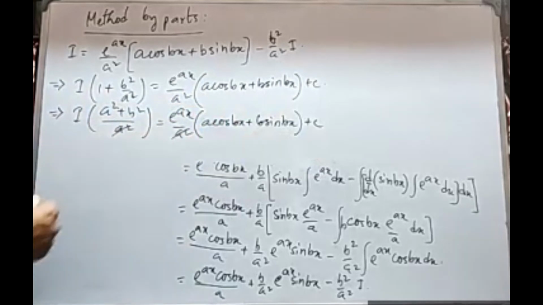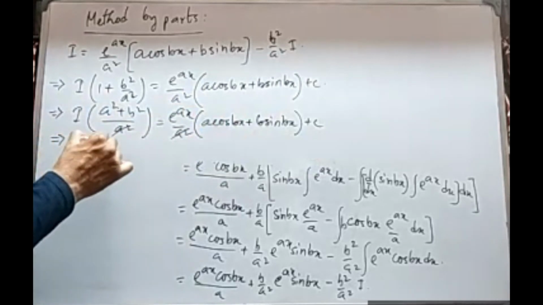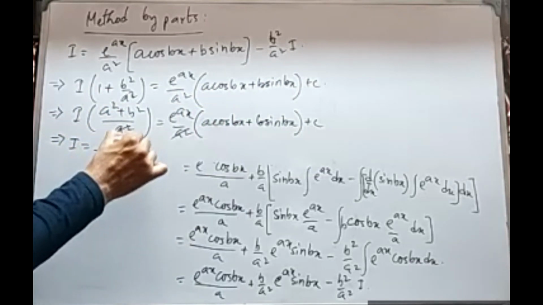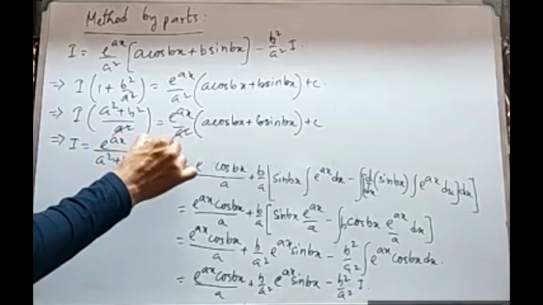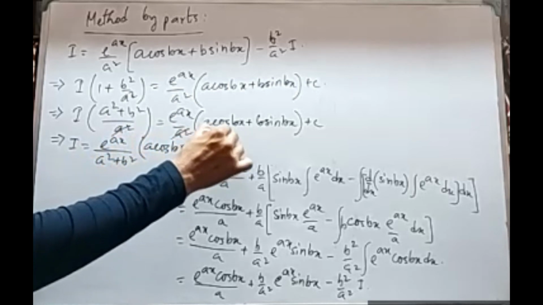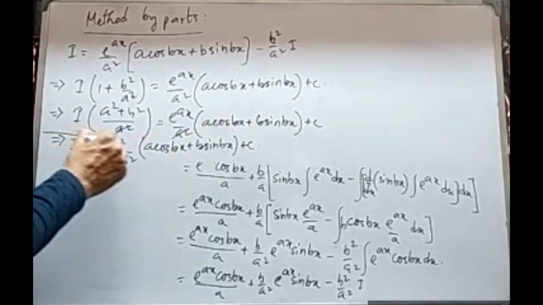These a squares are cancelling out. So ultimately you can write I as e to the power ax by a square plus b square into a cos bx plus b sin bx plus c. This can be considered as a standard formula.